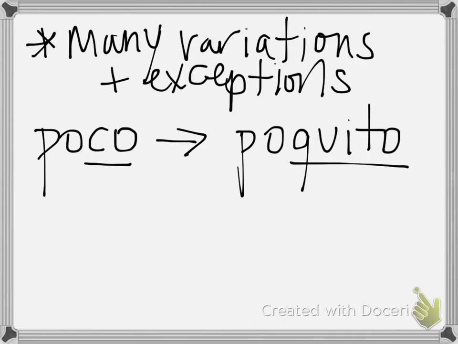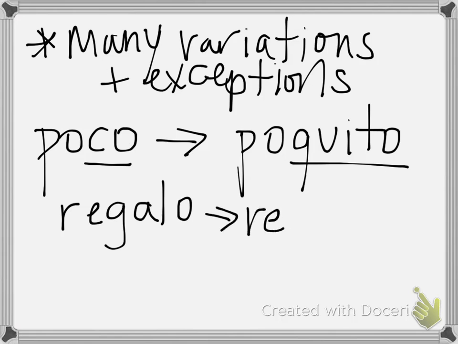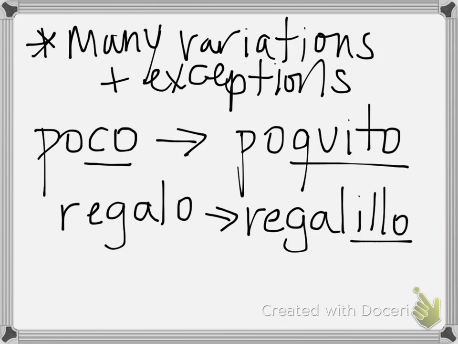A couple other variations that you don't need to know, but you need to understand that this could change from country to country. There are the endings illo, uelo, or ico. So regalo would normally be regalito, but in some places you are going to see it as regalillo. Just a different ending.